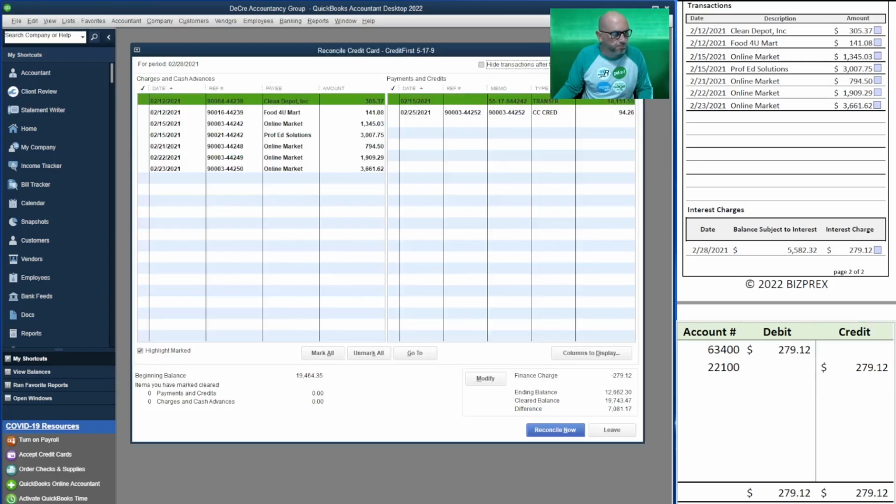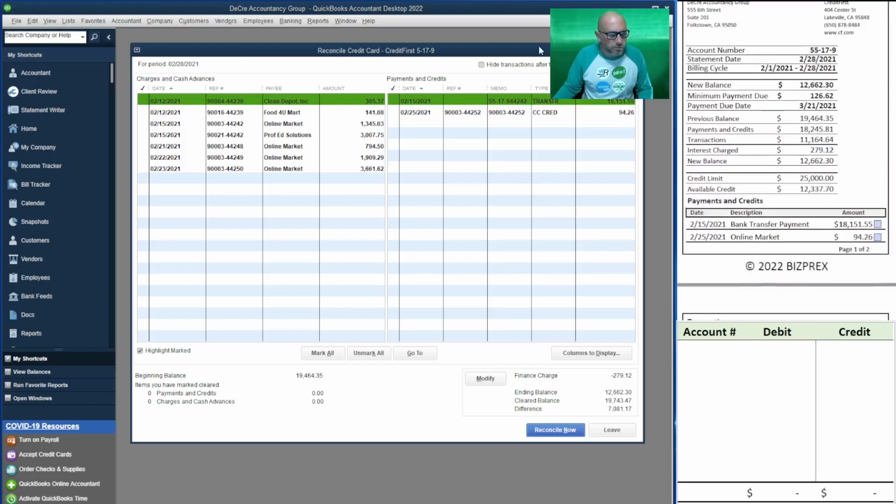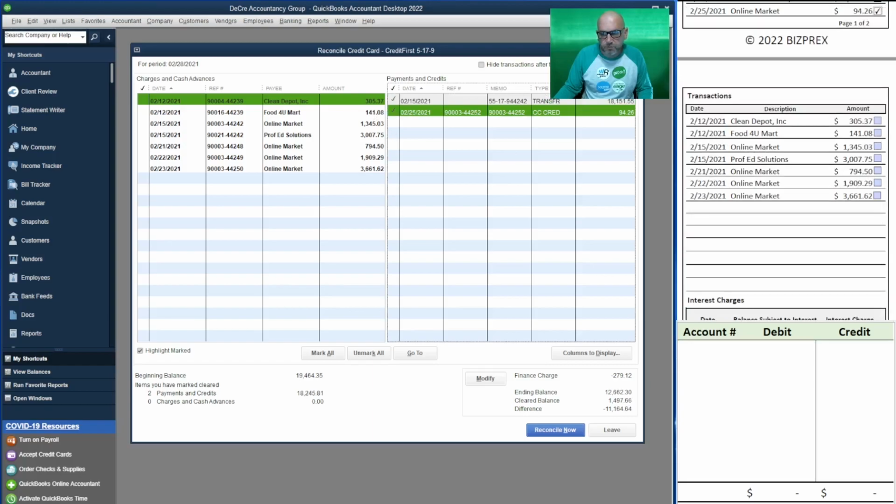Let's continue. All right. Here we have our finance charge. It's right here. Then we have our payment. Right here, we have online return, and then we have charges.